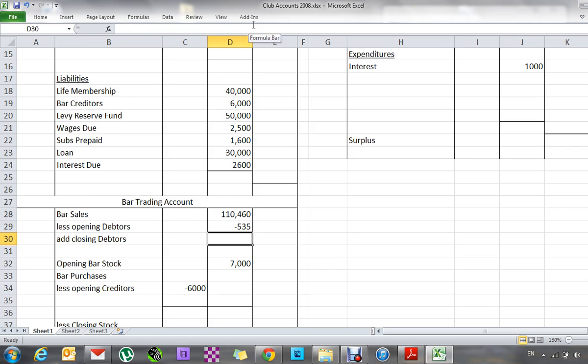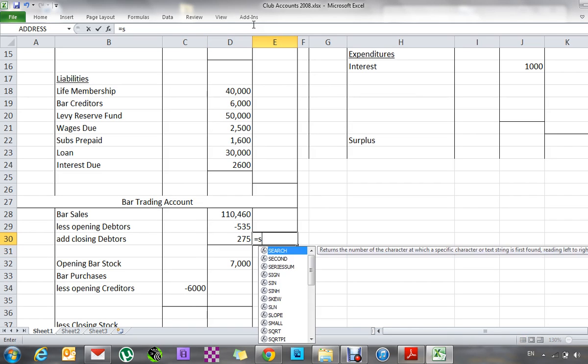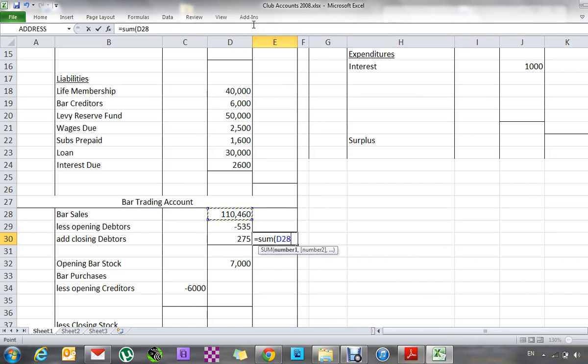This is extra money we should have been paid that we have not yet been paid. We add that on. So bar debtors is 275.